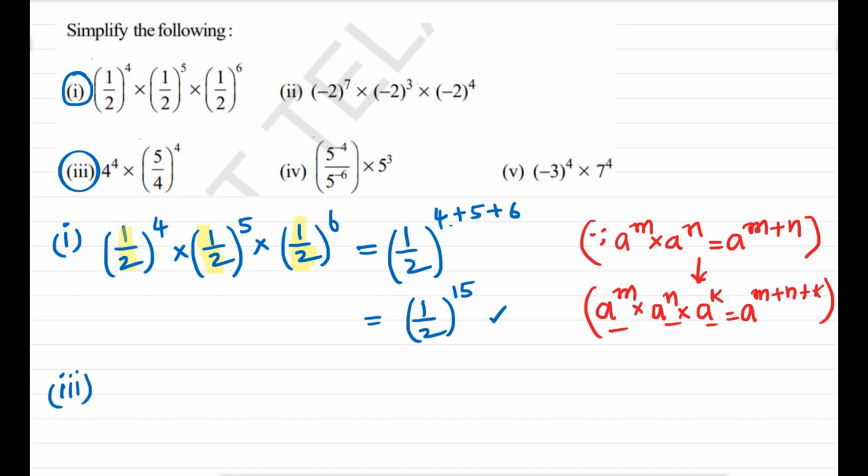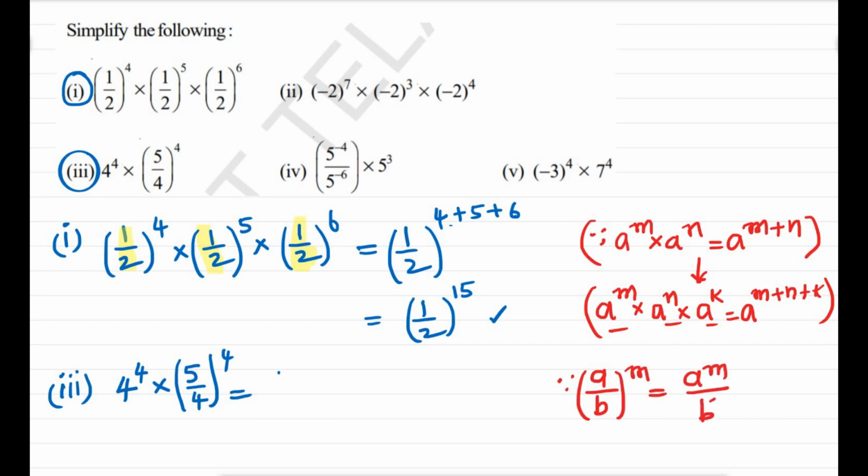Number 3: given is 4 to the power of 4 times 5 by 4 whole to the power of 4. Let's see that. I'll use a rule here: a by b whole power m can be written as a power m by b power m.